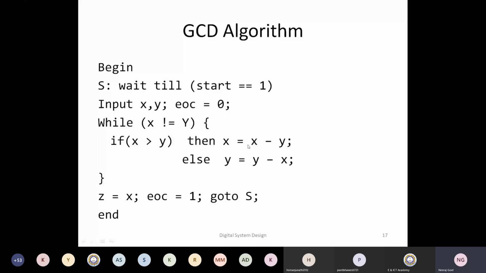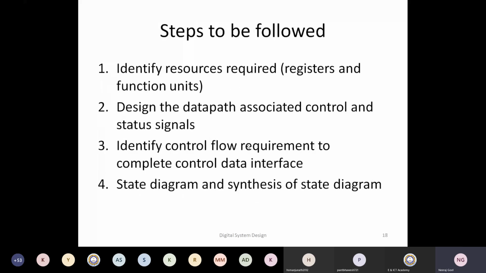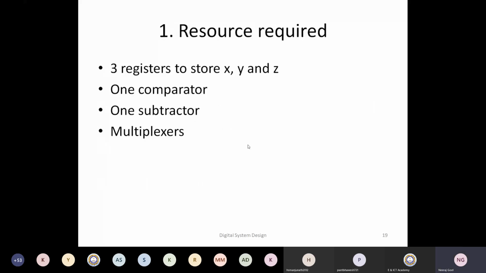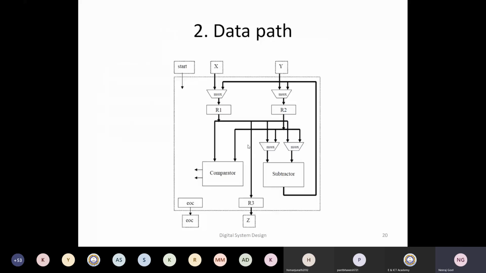So after enumerating all the resources, the second step is to draw the data path. We'll see how that computation can be done and how all the relevant inputs can be sent to the relevant function units. So this we have done. Let's say I would require these registers R1 and R2.